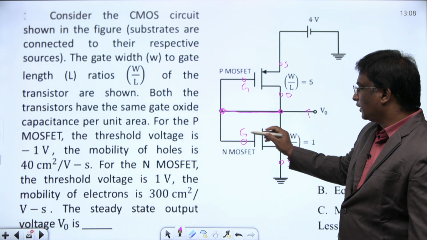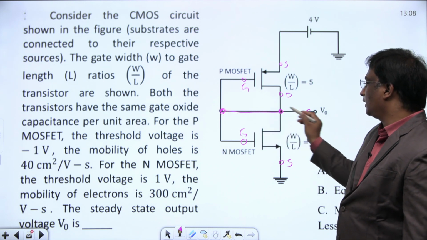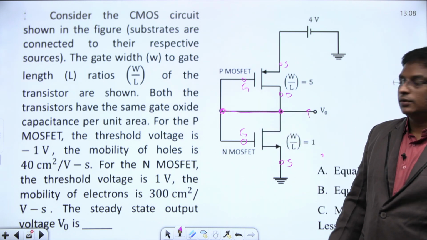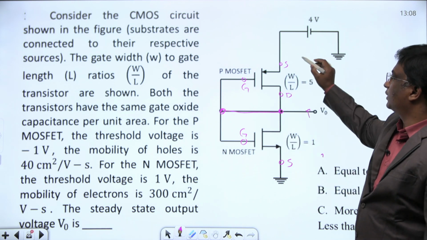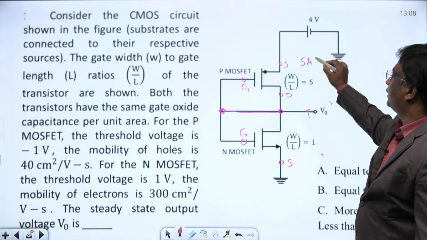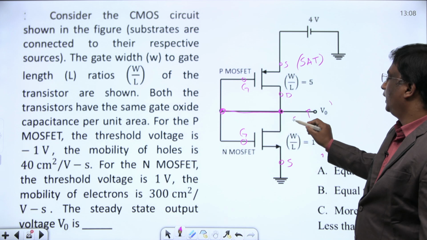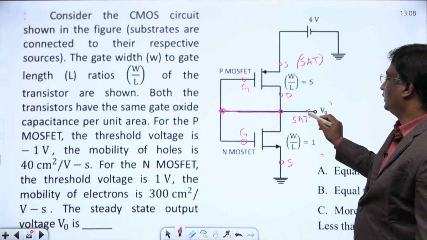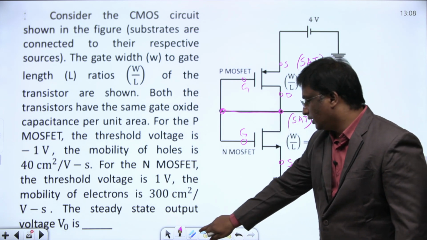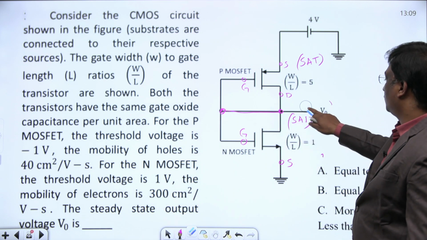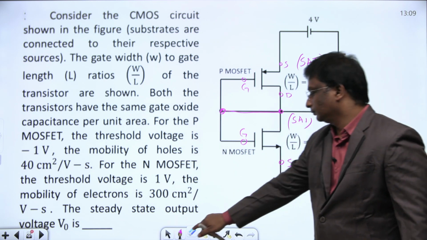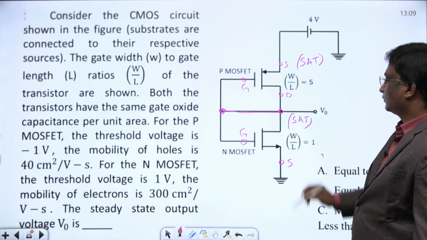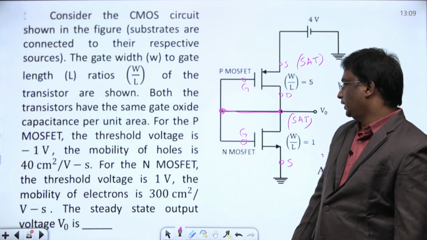For this N MOSFET also, the gate and drain connect to the same point, so this transistor also acts in the saturation region of operation. Indirectly, they have given from this diagram that the MOSFET is operating in the saturation region.